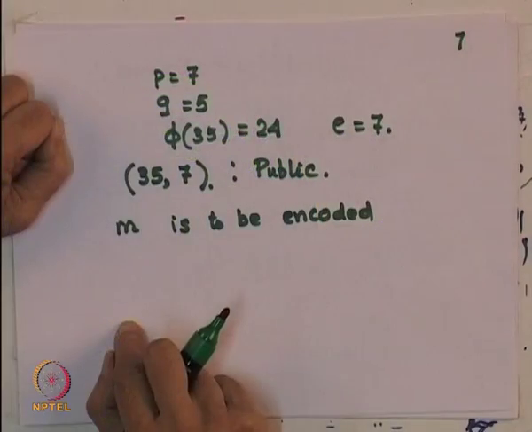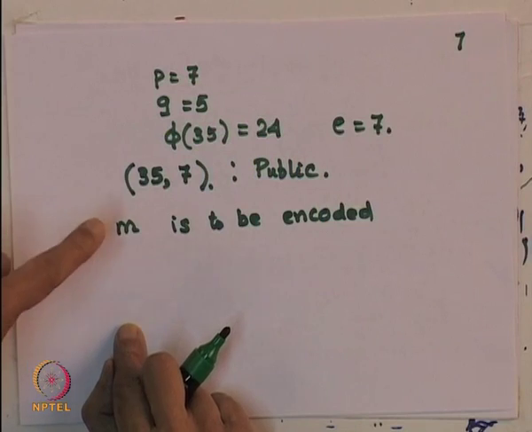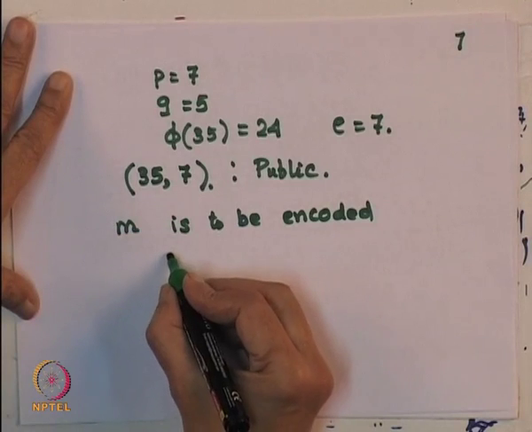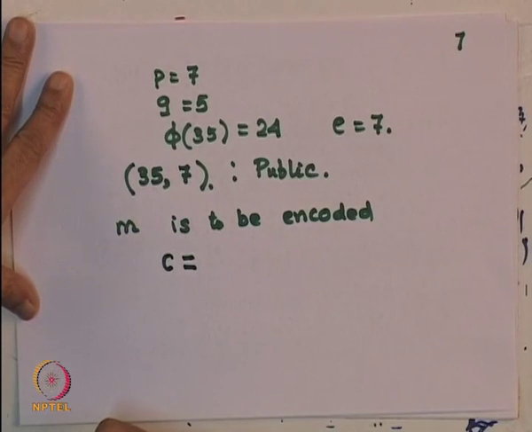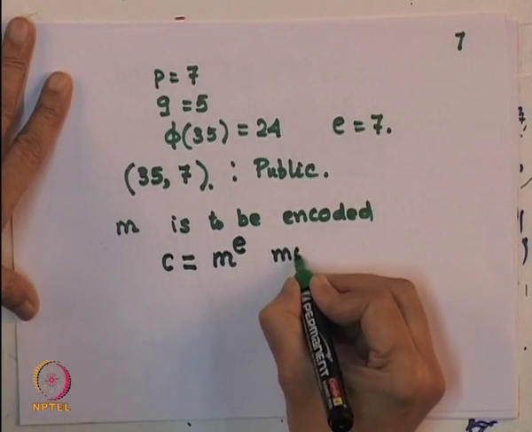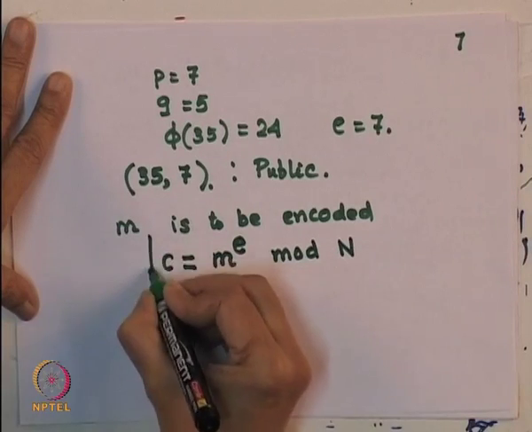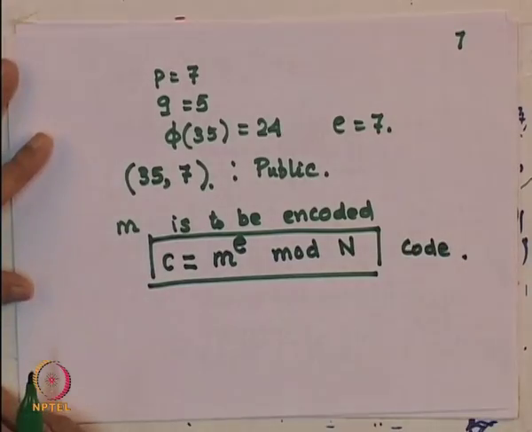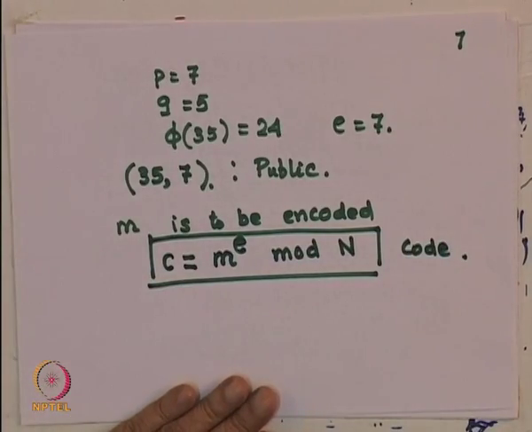And Bob has given his public key to be the numbers N and E. So the person who intends to send a message to Bob uses M to be coded by a letter C, and that is simply done by M to the power E mod N. And he sends it through a public channel to Bob.